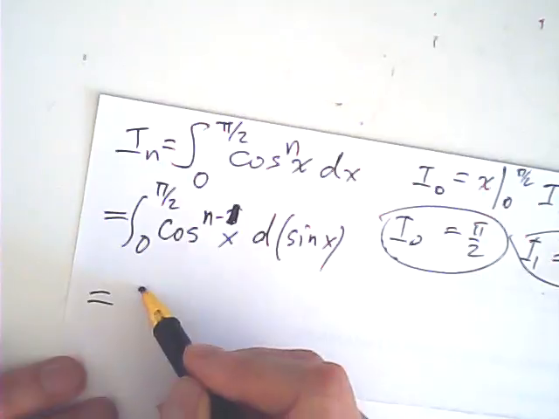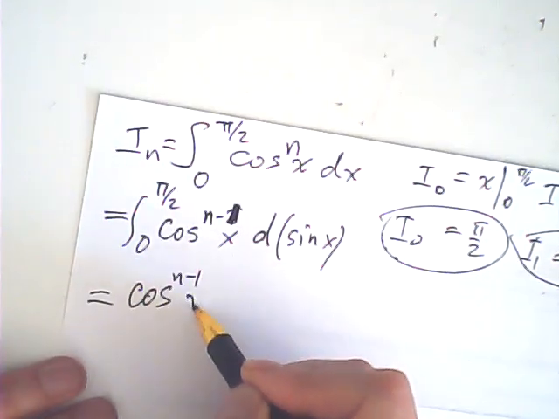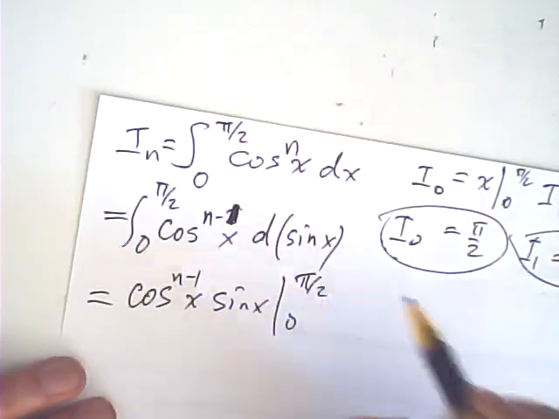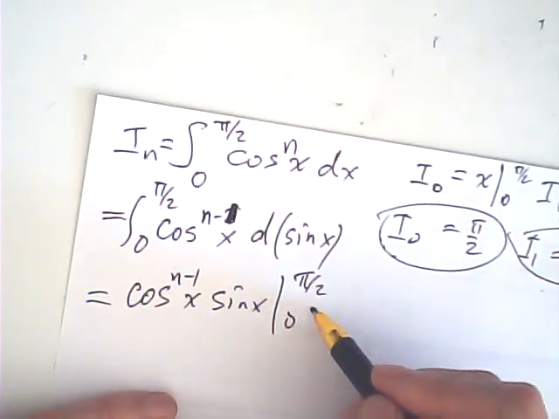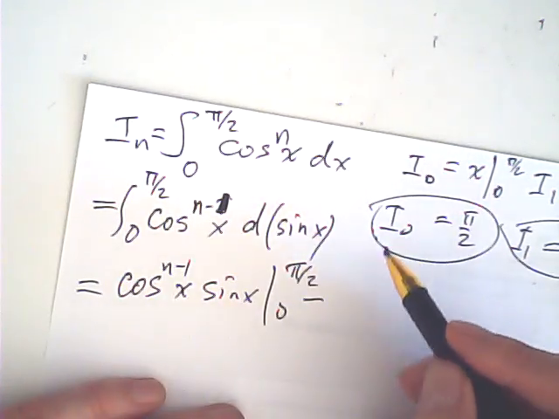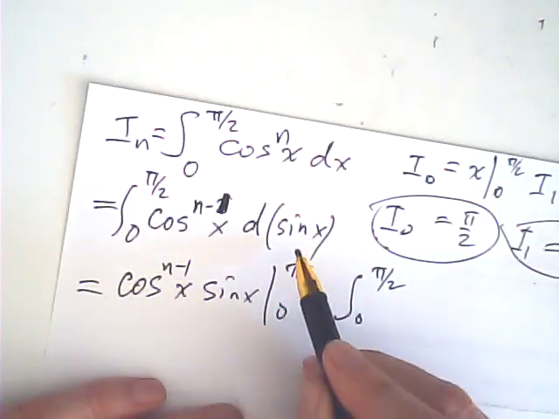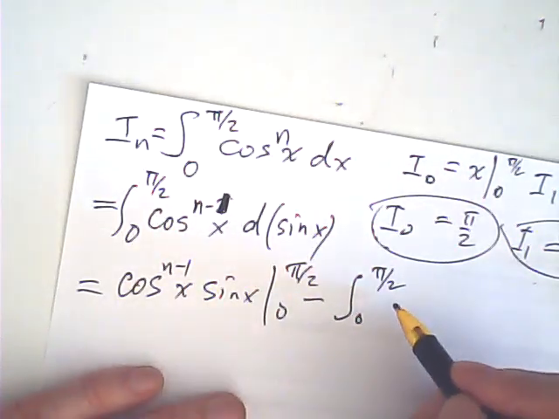U dV, right? Cosine n minus 1 x sine x from 0 to half pi, minus V dU. V is this, right?